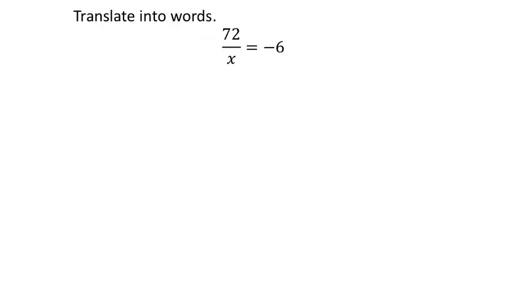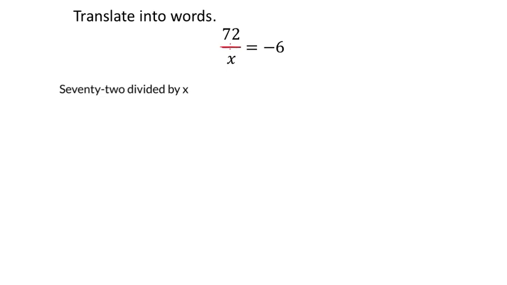It is a fraction, and there's actually several different ways to write a fraction out in words, but what I'm going to do is look at this fraction line as a division sign instead. So that would read, and again, I'm not writing it yet, but I will, that reads 72 divided by x is, or equals, -6. So let's see if we can get this in. 72, okay, there's the 72, that's the numerator, divided by, now you could just say over, which is another way to say it's a fraction, but divided by as well.